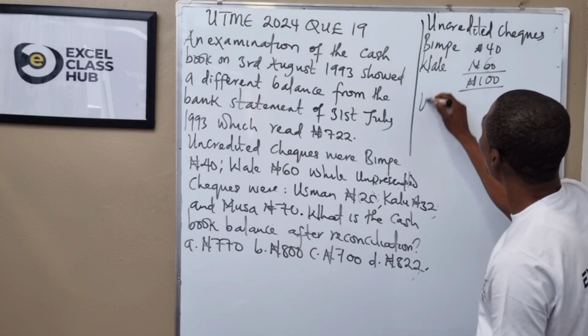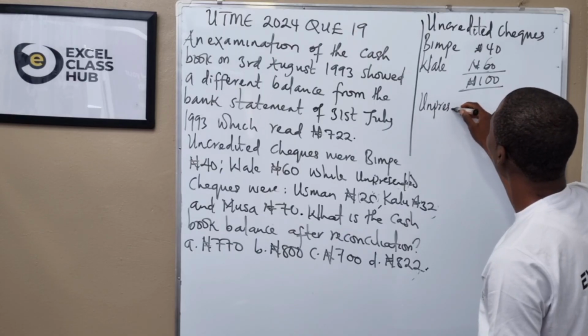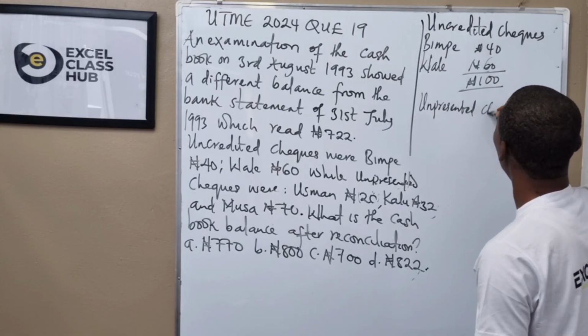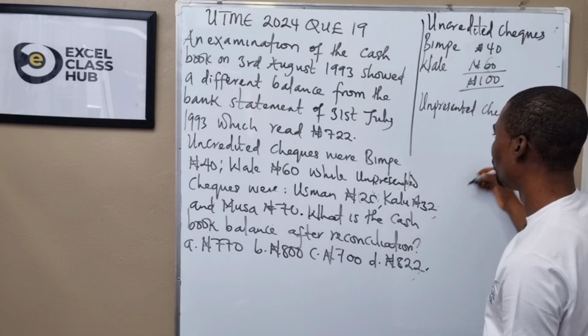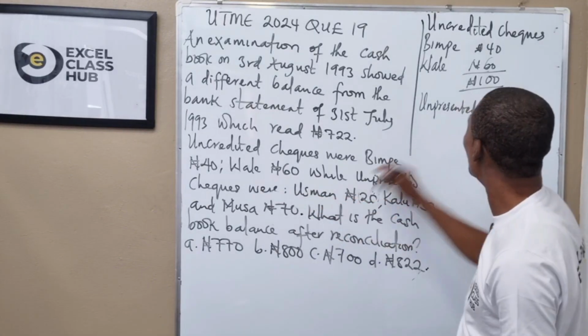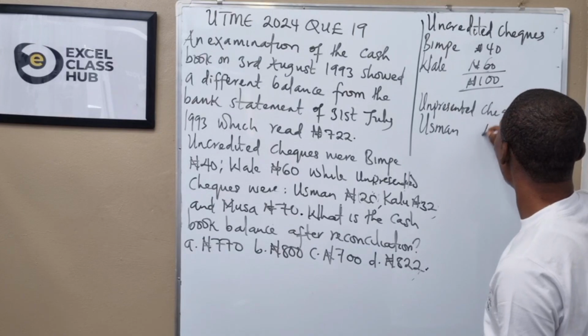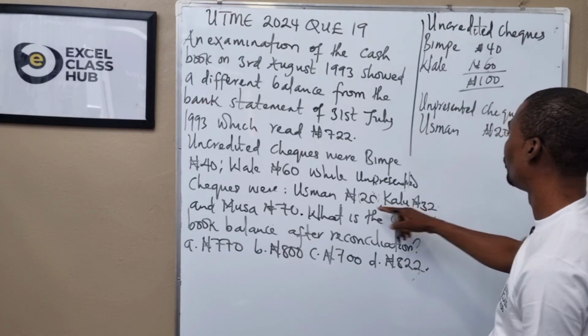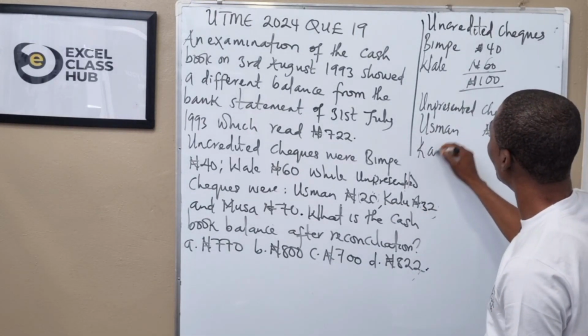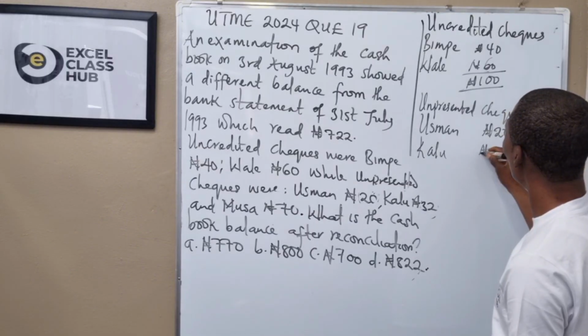Okay, so let's move to unpresented checks. Unpresented checks were Usman, 20 naira. Kalu is 32 naira.